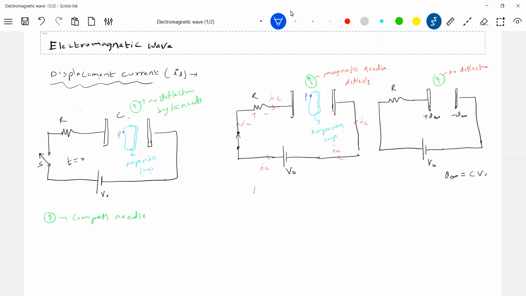I think I'll write it clearly. Why 0? Because there's no current carrying element. So in the first diagram, the magnetic field strength is 0. Why? Because the Amperean loop will not enclose any current element.